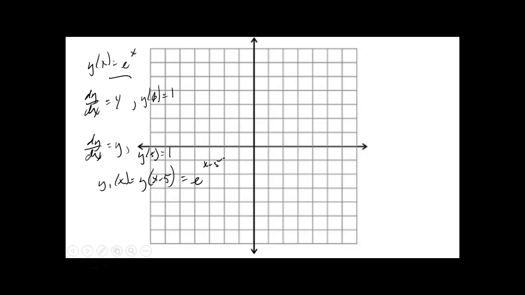Now, I don't see why go through all that. That's just a shift of this. y of 5 is equal to 1. This is still true, but now you shift it so that y of 5 is equal to 1 rather than y of 0. That means 1, 2, 3, 4, 5.